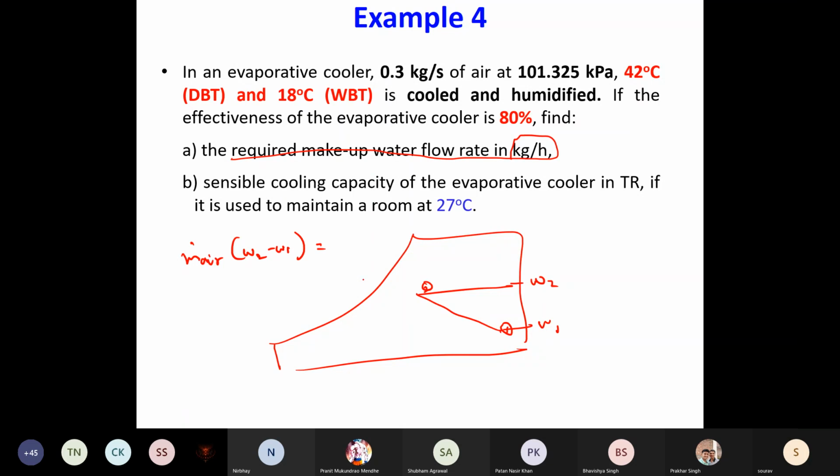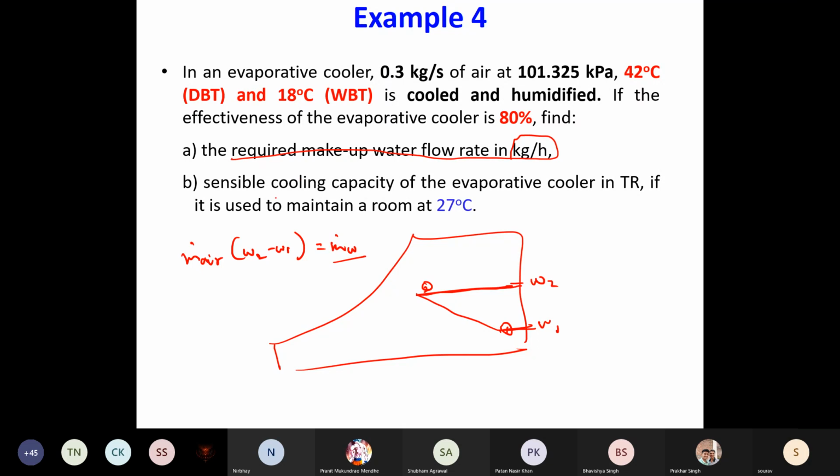So mass of water which has evaporated per second. Convert it into per hour. So I know the W2 at the exit of the desert cooler. I know W1 at the inlet of the desert cooler. The difference is whatever the amount of water would have evaporated. That is the makeup water I have to supply.